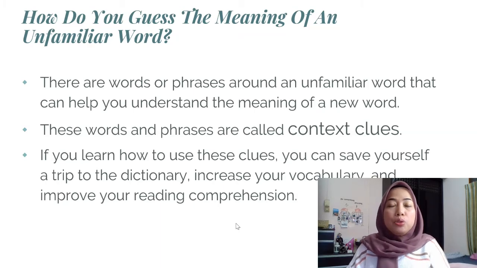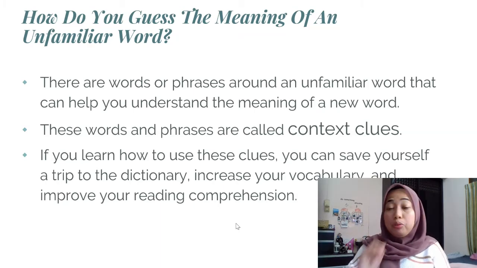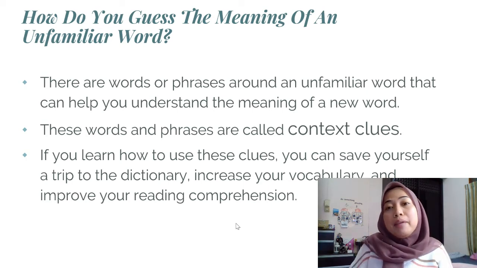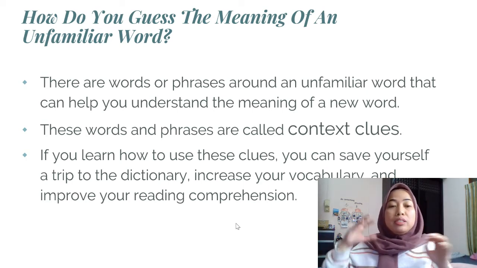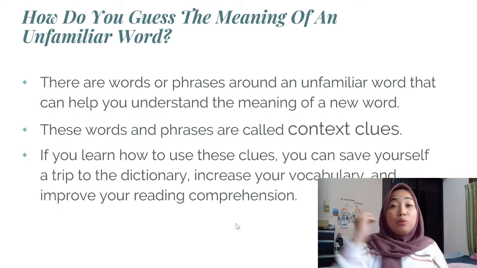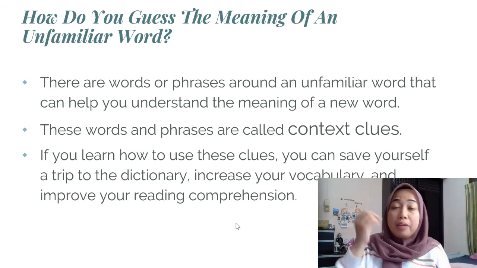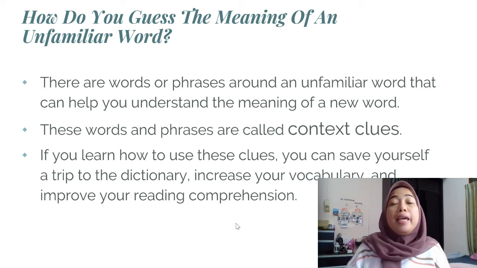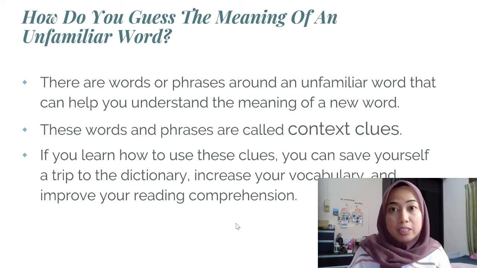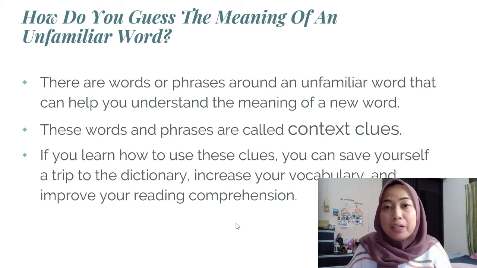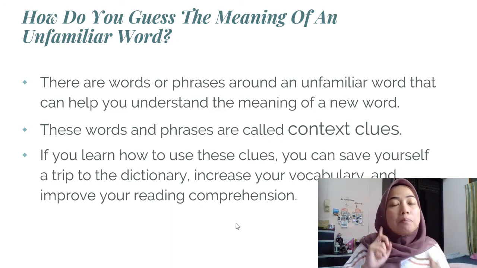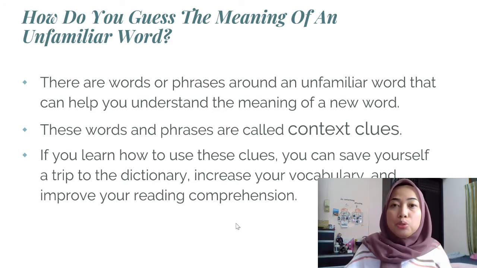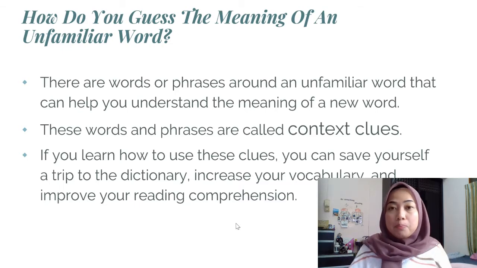Once you learn about these clues, you will be able to save a trip to the dictionary. You don't have to refer to the dictionary or Google the meanings, because you will already know the meaning. This is especially good when you encounter this problem in an examination.